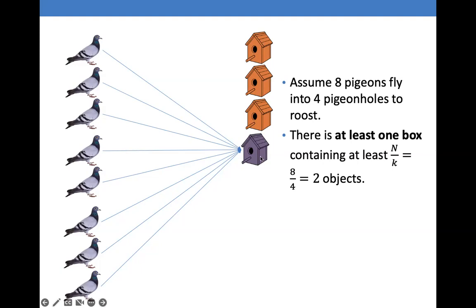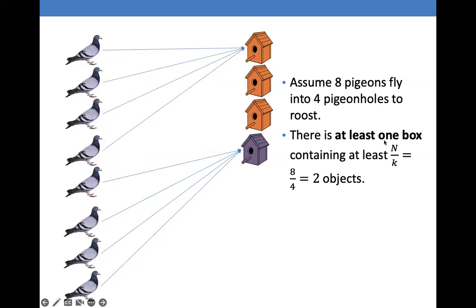And we can see here that assuming all of the pigeons are placed in only one pigeonhole, then it complies to this result where there is at least one box that contains at least 2 objects. So in this case, this one pigeonhole contains all of the pigeons, which is equal to 8, right?